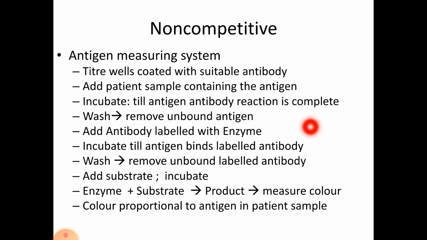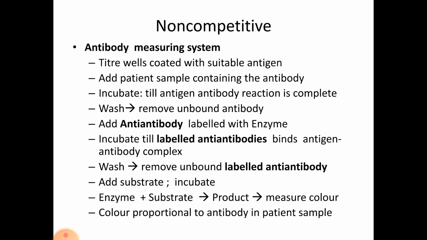Next we add antibody labeled with the enzyme, then incubate till the antigen binds the labeled antibody, and then we wash to remove the unbound labeled antibody. Substrate is also added and incubated, and we measure the color intensity.